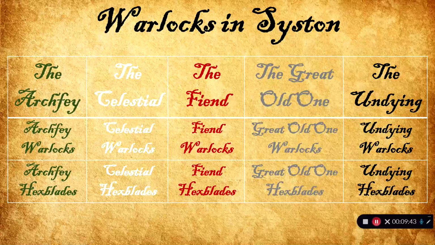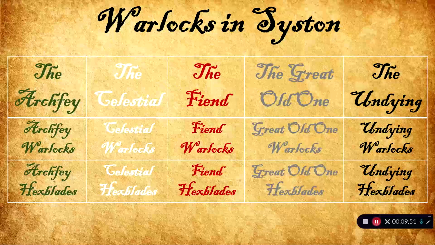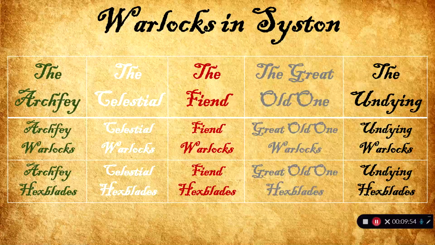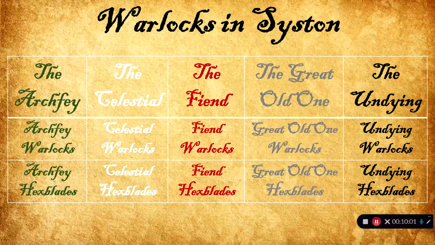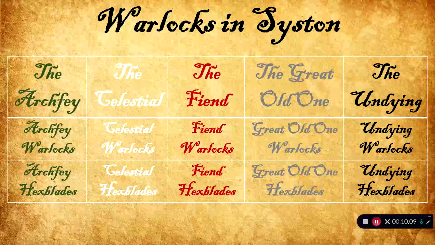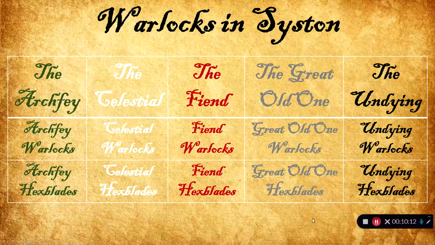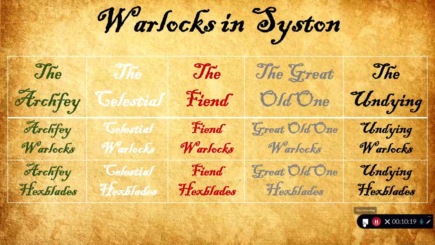A Celestial who comes down and says, I need heroes to protect this realm from the Fiend, will find those who are better with martial weapons and create hexblades, and those who are better spellcasters and create warlocks. But this really is just more flavor for my campaign rather than any kind of major rewriting of the classes. And that explains the pantheons and warlocks in my Dungeons & Dragons setting of Syston.